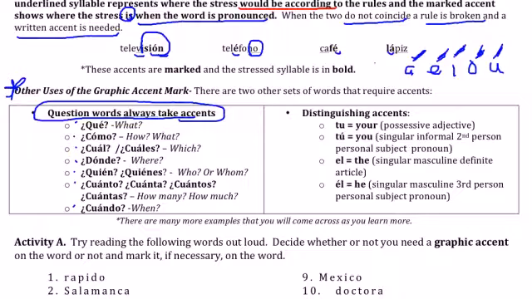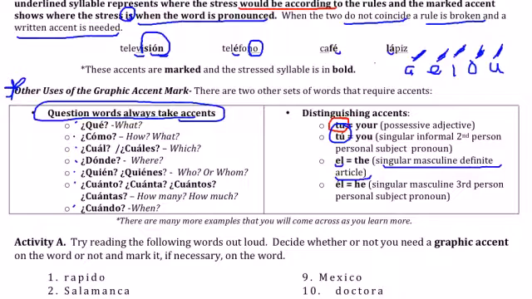Another use of the graphic accent mark is to distinguish between parts of speech. For example, this tu right here, as in ¿cuál es tu número de teléfono?, this is a possessive adjective. And so in order to change it to the singular informal second person personal subject pronoun, tú, we add an accent. El without an accent is actually the singular masculine definite article.